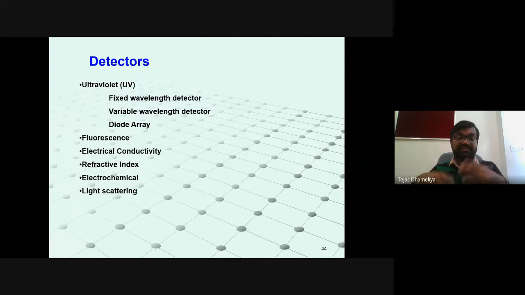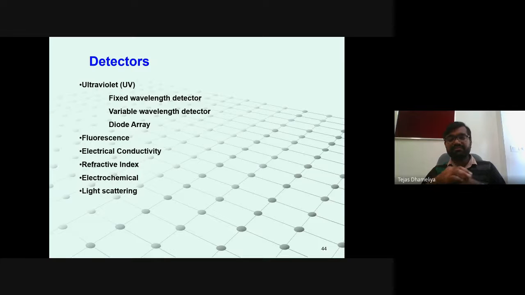That way, we can calculate the refractive index, using Snell's law, sin i over sin r. These are the refractive index detectors, termed RI detectors, which are popularly and widely used in HPLC.